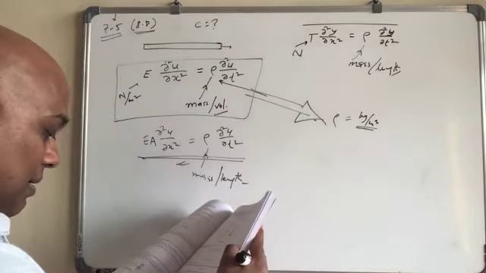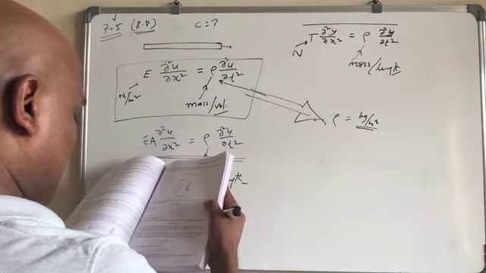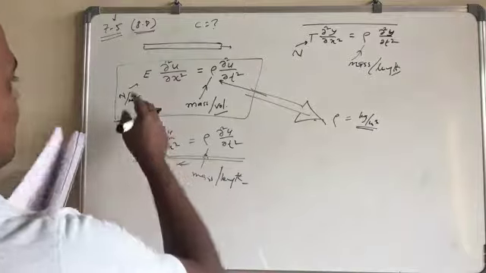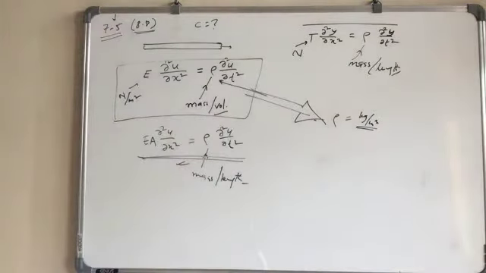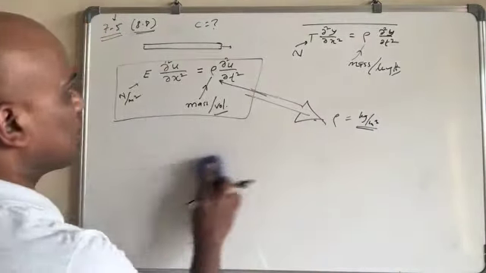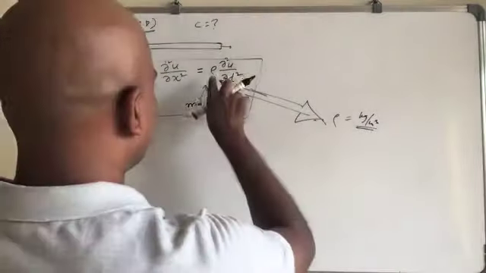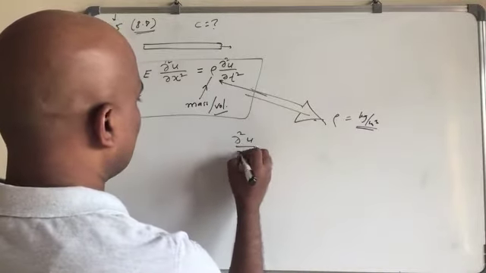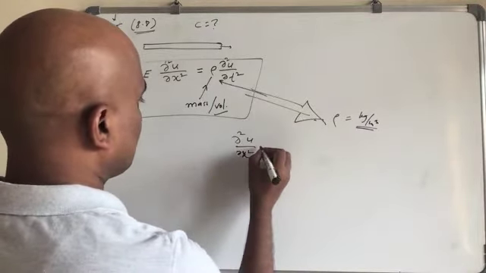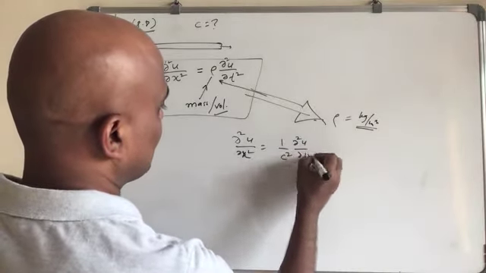The modulus of elasticity is given in Newton per meter square. So here also we can do the same thing: del square u over del x square equal to 1 over c square del square u over del t square.